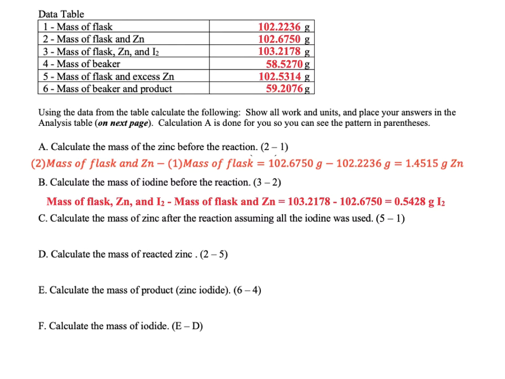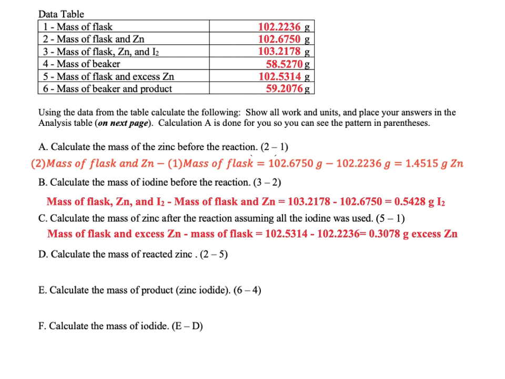Then, to calculate the mass of zinc after the reaction, assuming all the iodine was used, we use number 5, the mass of the flask and the excess zinc, and we subtract out the flask, which gives me 0.3078 grams in excess.